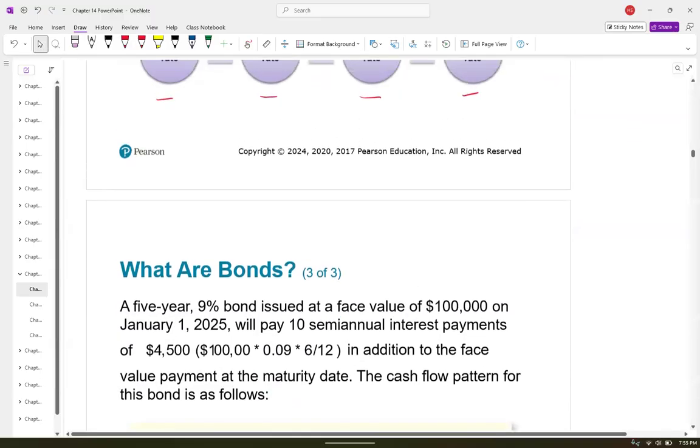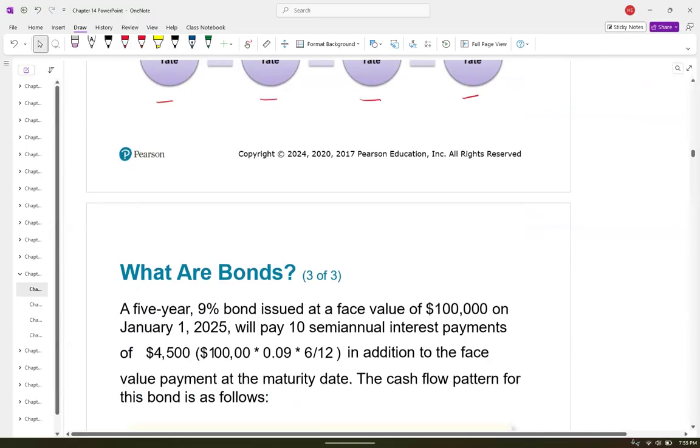Okay, so here we have a 5-year, 9% bond issued at face value of 100,000 on January 1st. Will pay 10 semi-annual interest payments. That piece of information will also be printed on the bond. Okay. It'll pay 10 semi-annual interest payments of 4,500 in addition to the face value payment at the maturity date.